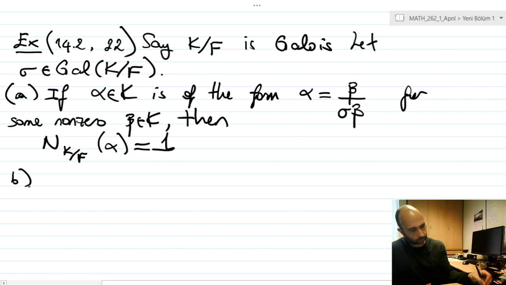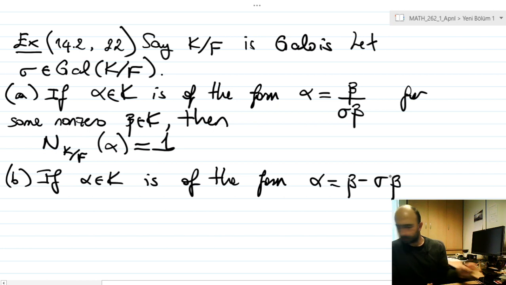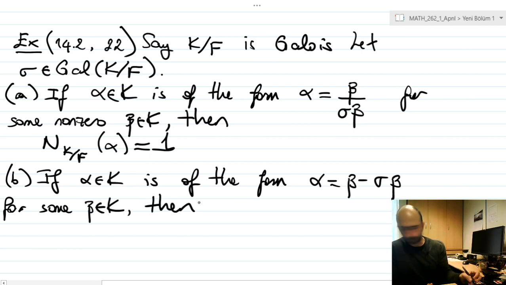And similar thing for trace. If alpha is of the form beta minus sigma beta for some beta in K, then it must have trace 0.